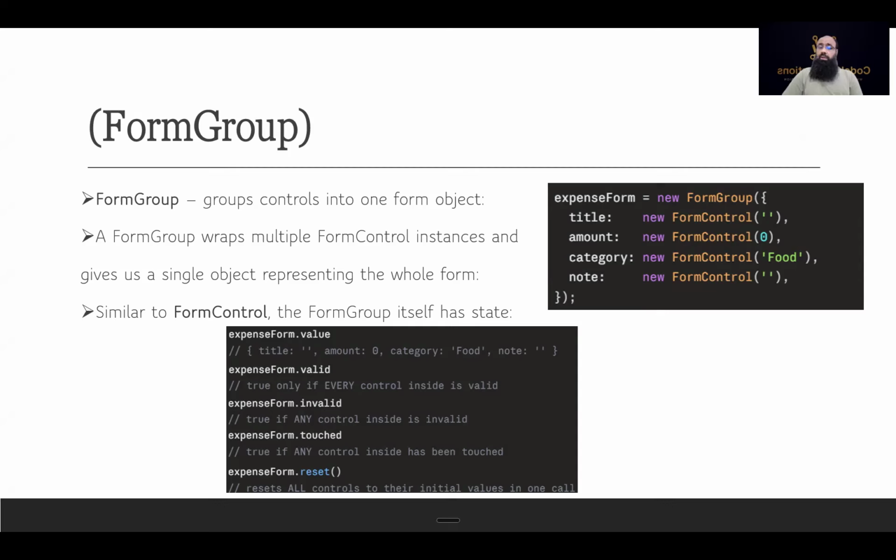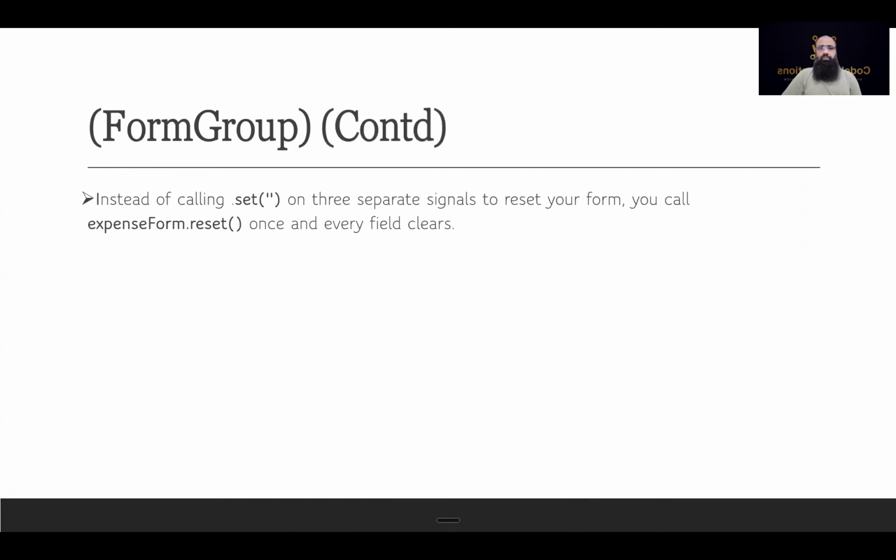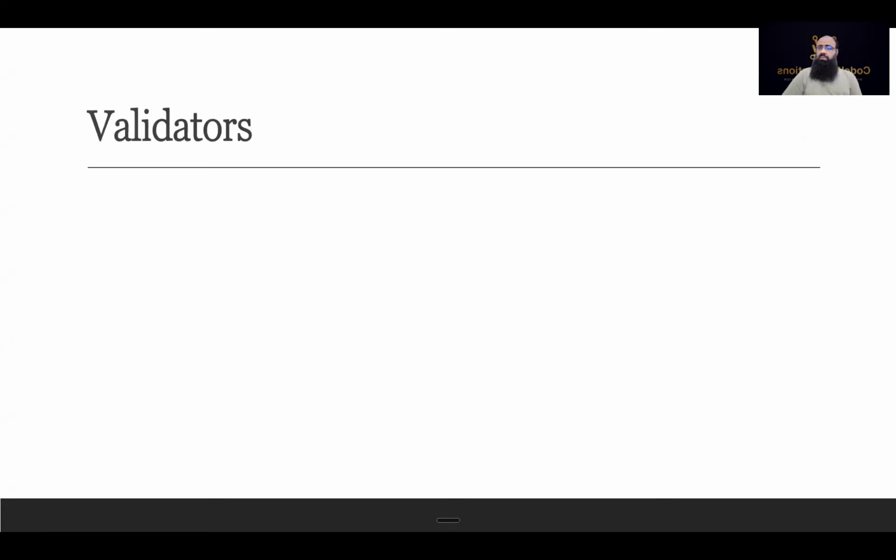Even if we need to check if anyone has touched any field within the form, we can use the touched property. And if we need to reset the whole form, using a reset function on the expense form is going to help us. As I just mentioned, reset is going to clear all the fields.